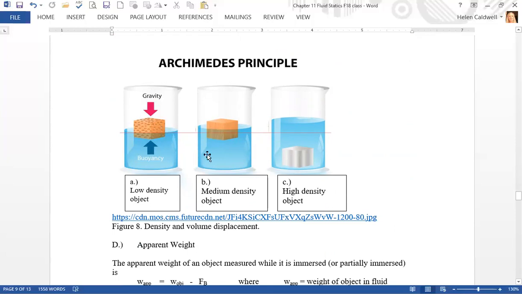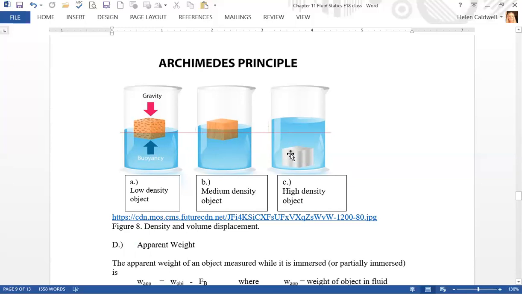Suppose we have something that's a little denser. It's going to sit a little lower in the liquid. It's still floating, but you'll notice it has to displace more liquid. You can see the red line is the line of the liquid when we had our least dense object in, the one with all the holes in it. The middle one is our medium density object.